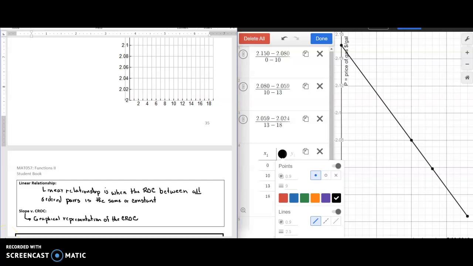The constant rate of change is, let me write it here, the change in output divided by the change in input for all ordered pairs as long as it's the same. The calculation didn't change. We're just now checking to make sure that those rates of change are all the same.